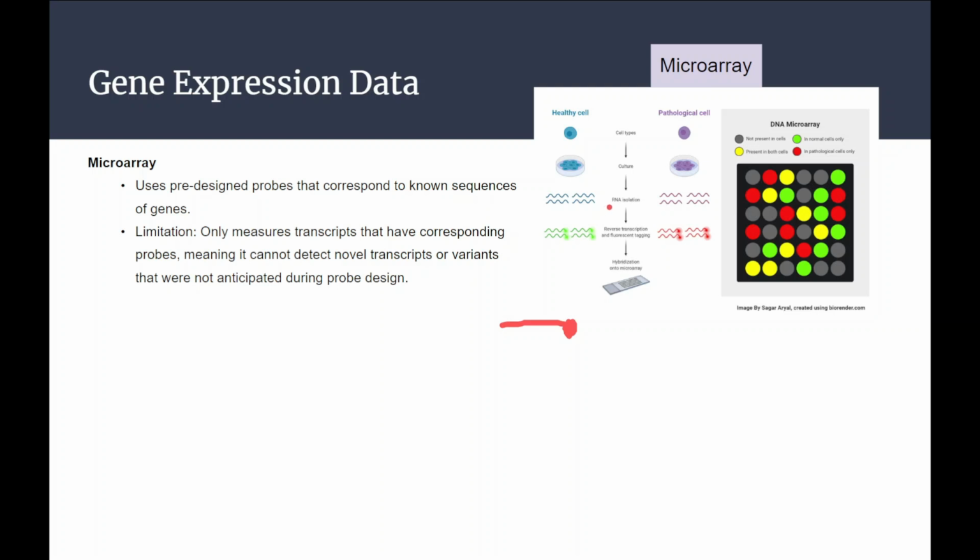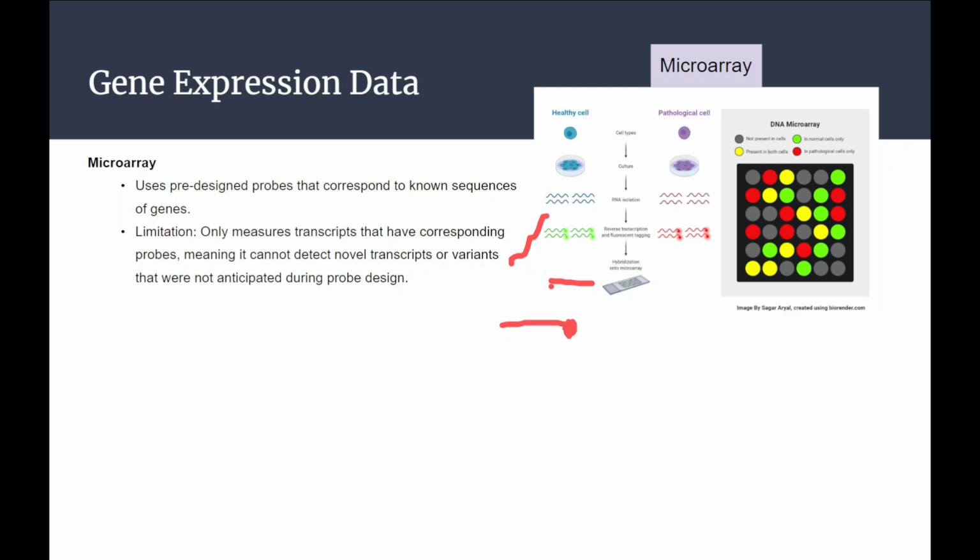So what I'll do is create a probe that will bind, for example, to a gene A transcript from this sample. In one particular circle on this plate, I'm going to add a probe. This probe will be complementary to this particular gene A transcript.